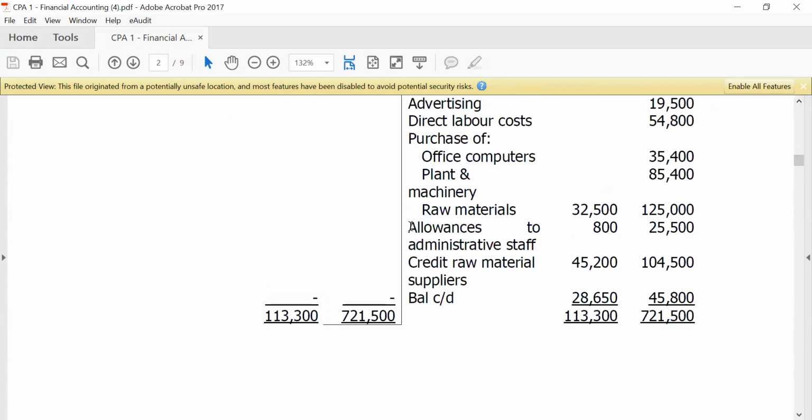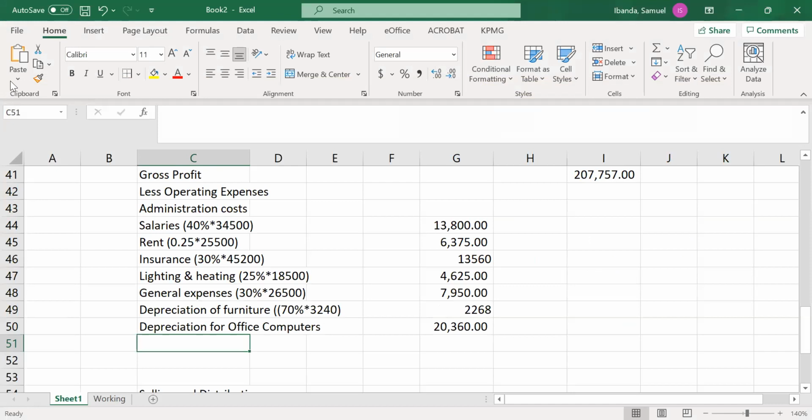So we have these allowances to administration staff. These allowances to administration staff are also expenses that we're supposed to record under our so-called administration costs. So this is 800 plus 25,500. So I'll just record them as well under our administration costs.